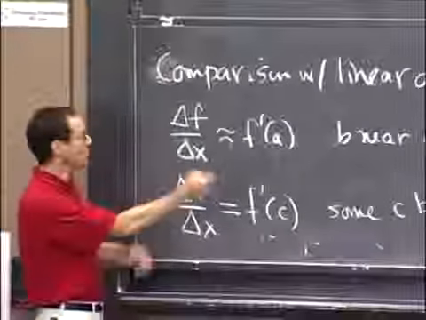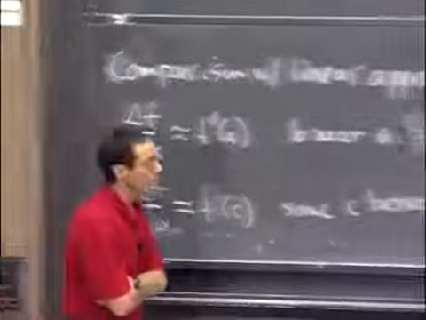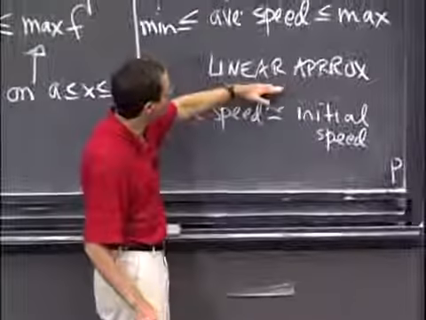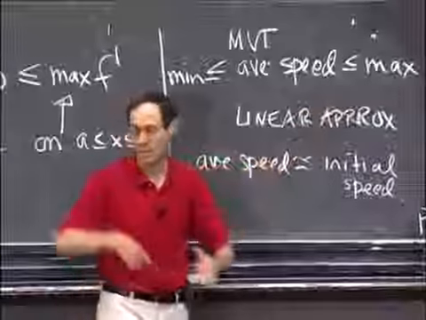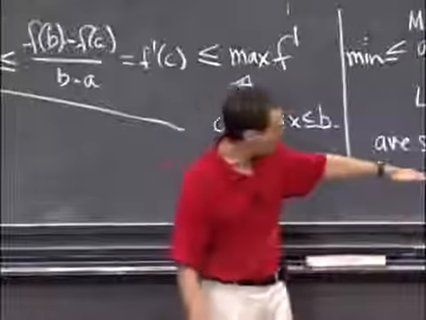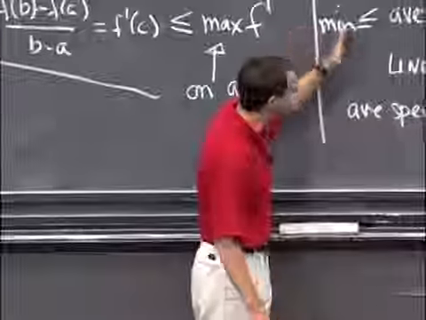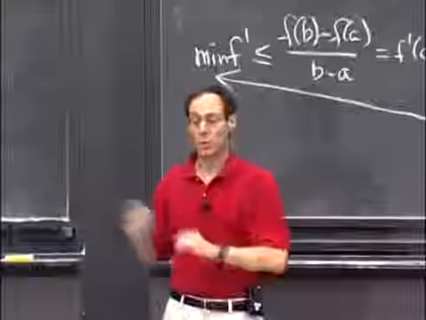If it happens to be the right endpoint, if the value of x is to the left, then it's the final speed. You can see it's approximately right because on a short interval the speed shouldn't be varying very much. The max and the min should be pretty close together. So that's why the linear approximation is reasonable. And this is telling you absolutely it's no less than the min and no more than the max.